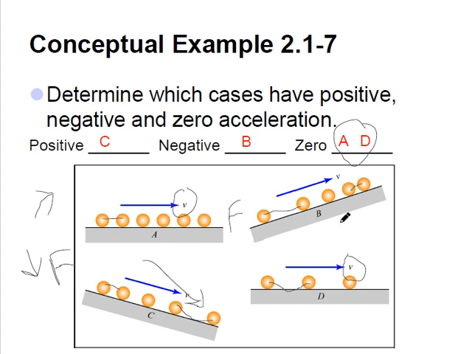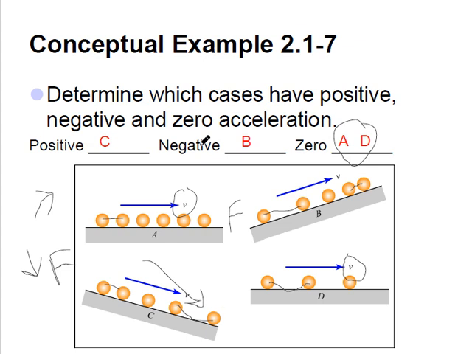We are just looking at the spacing: constant spacing, zero acceleration; spacing big, eventually small, slowing down, negative acceleration; spacing small, ending up with very big spacing, that means speeding up, so you have positive acceleration.